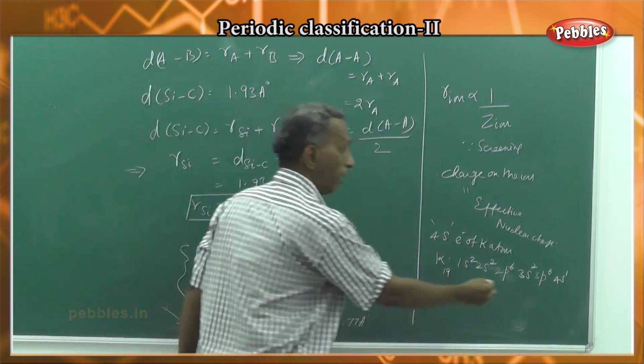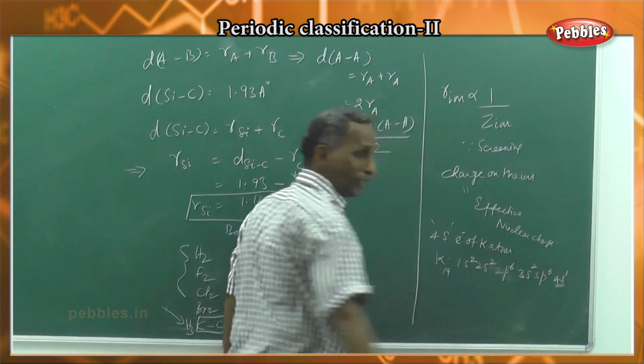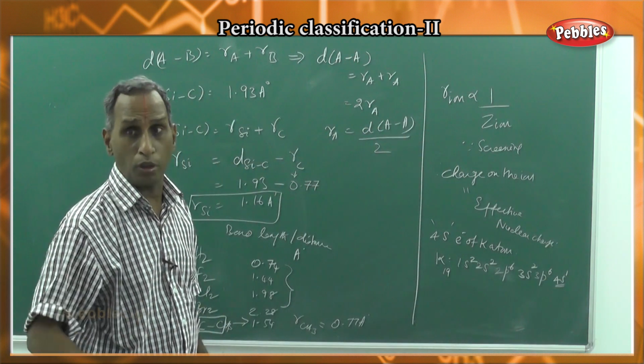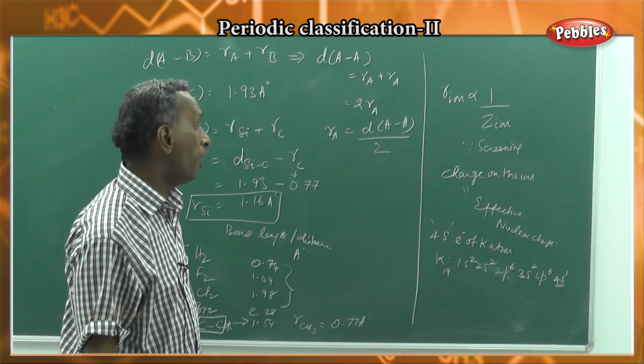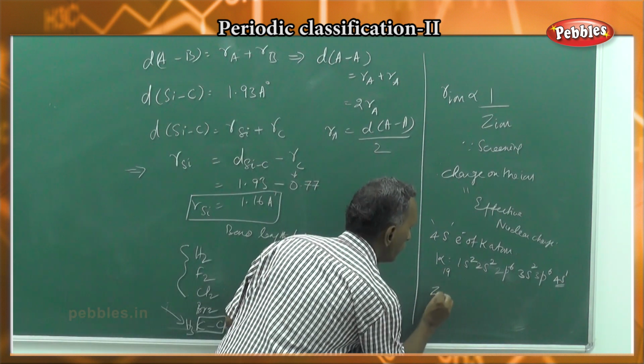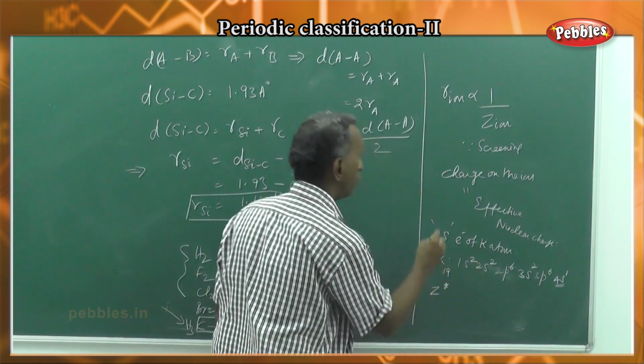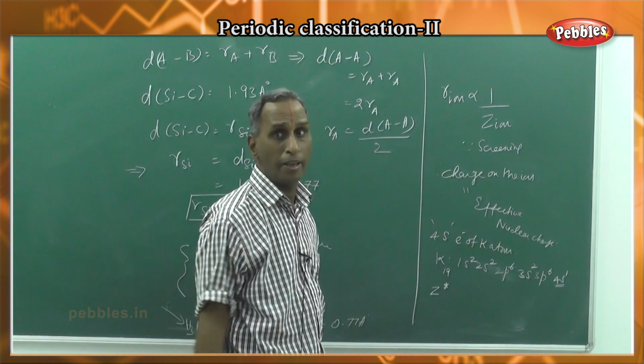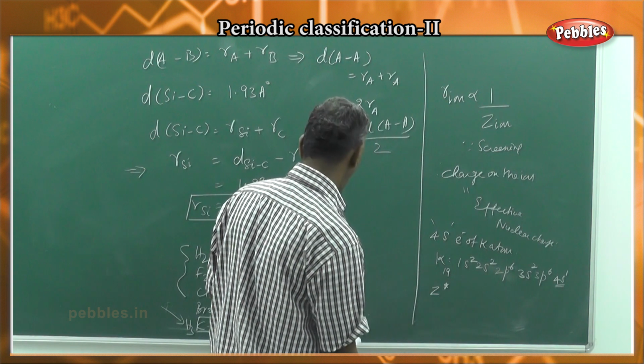So this is the electron of interest, the 4s electron. For the 4s electron, we need to find the effective nuclear charge. Effective nuclear charge is denoted as Z star, where Z is the nuclear charge.